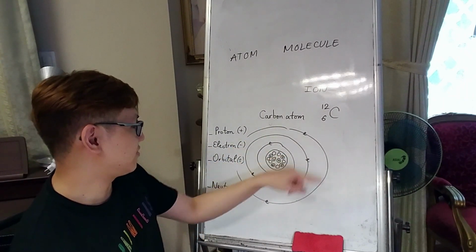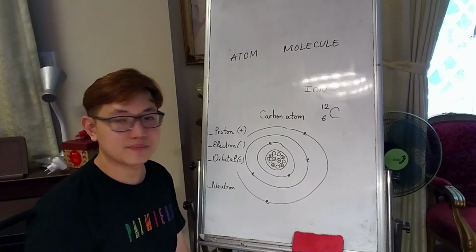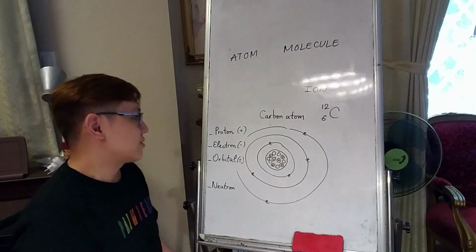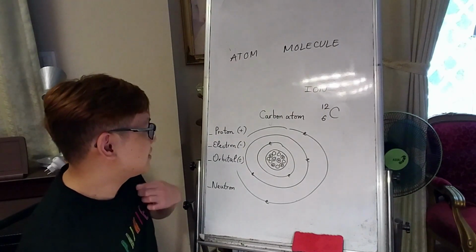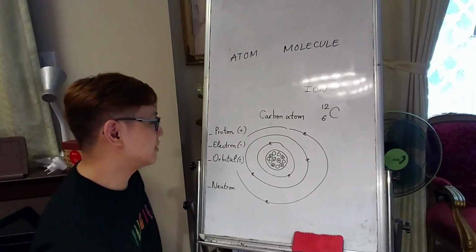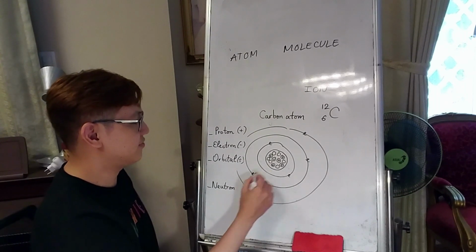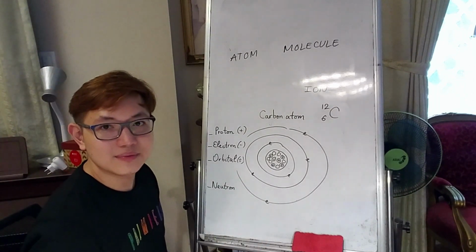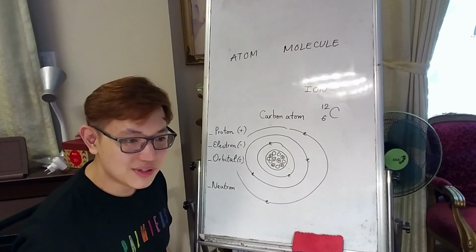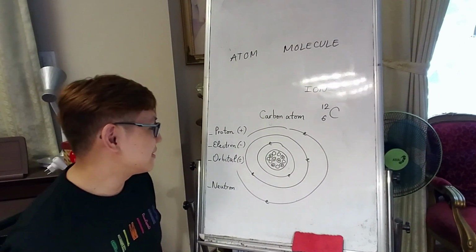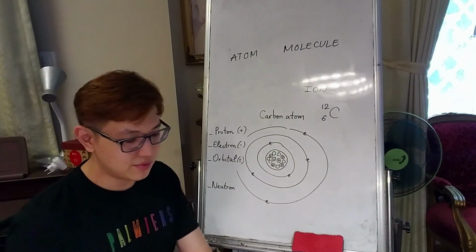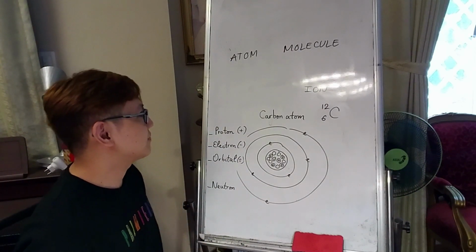The other electrons can be further apart. So we will learn about it later, but just so you know, there are several orbits that they can fly around like this. Okay, do you have any questions? Please comment down below, okay? Before I go to the more difficult, deeper part.